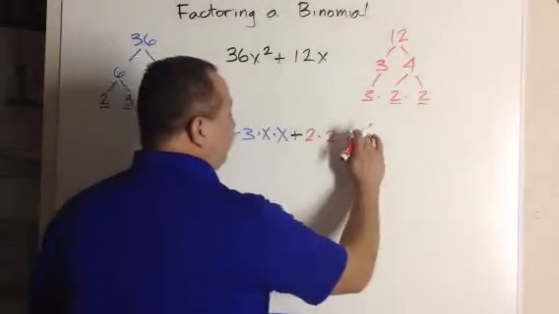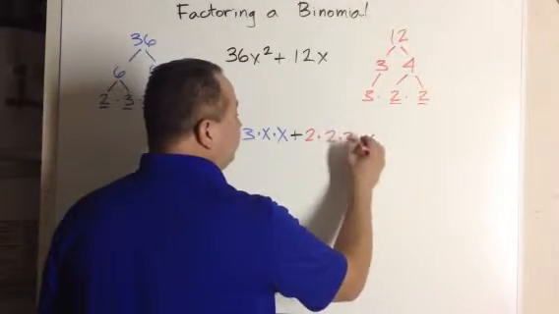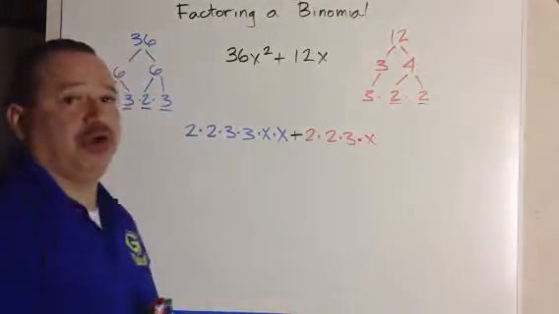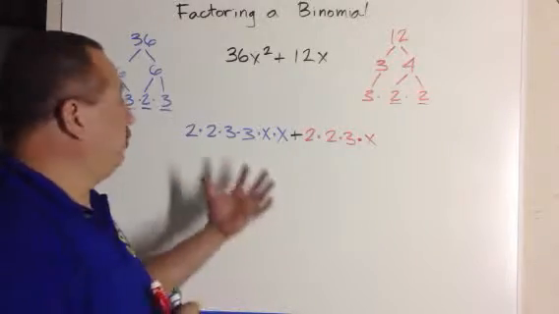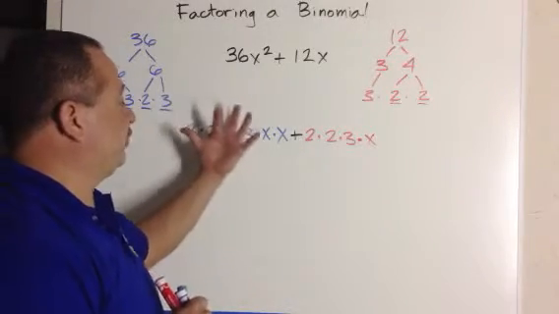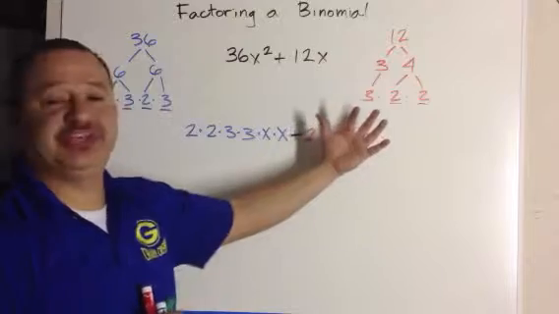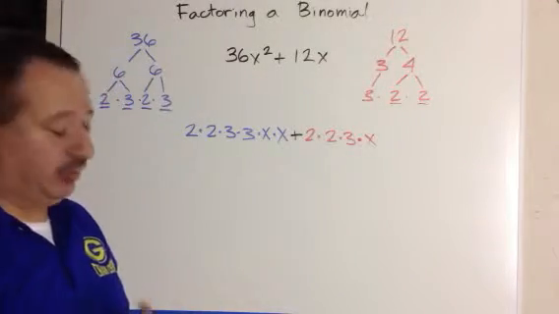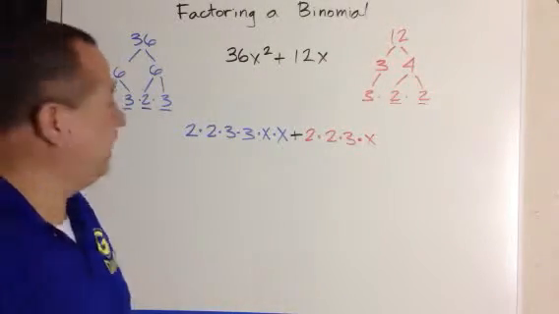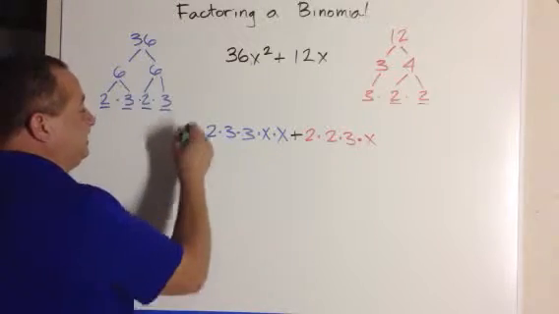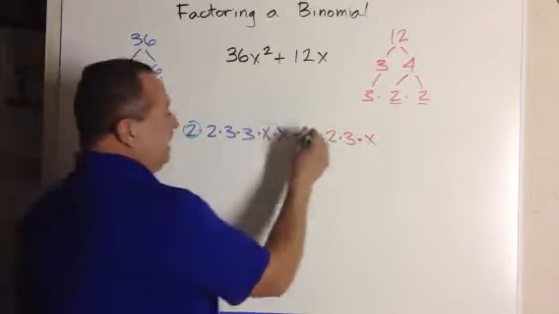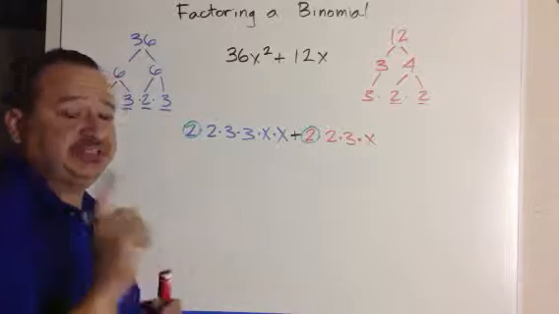Now, when we're factoring, guys, we're looking for things that are in common. What do you see in this left term, or this left group, that you also see in the right group? You want to see things that are similar. If you look closely, I see a 2 on the left and I see a 2 on the right. So that's our first similarity.